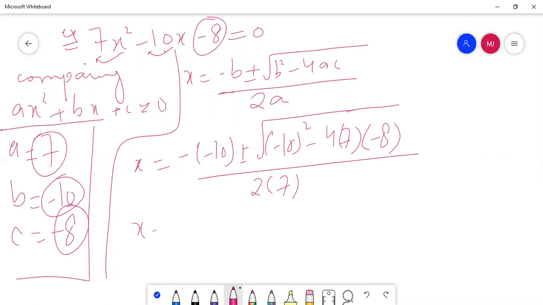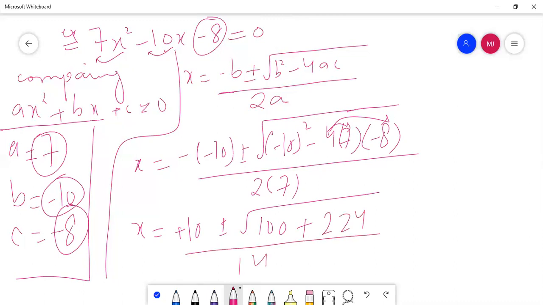So x becomes minus minus plus 10 plus minus square root. Minus power even number, plus 10 square is 100. Minus minus plus 4 sevens are 28. 28 into 8, 224, upon 2 sevens are 14.